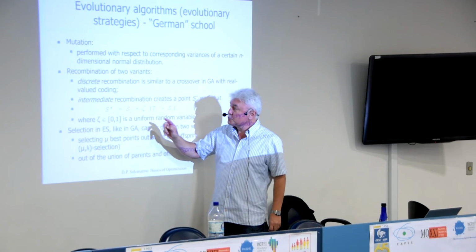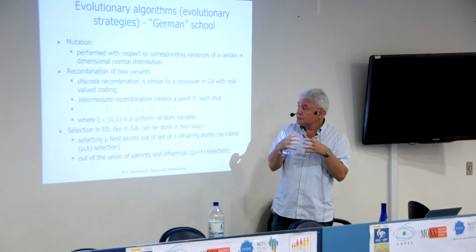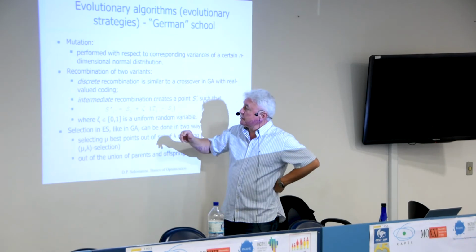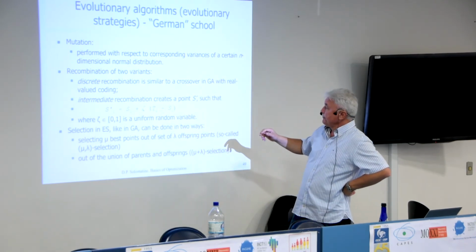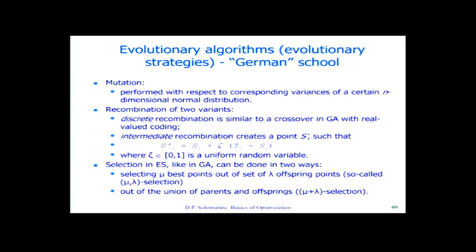So the German school made a smart move. They said that when we recombine these chromosomes, we do this. Look, these are 2 parents, S and T, same thing as before. Now we had the pen, right? So what happens with these 2 parents?